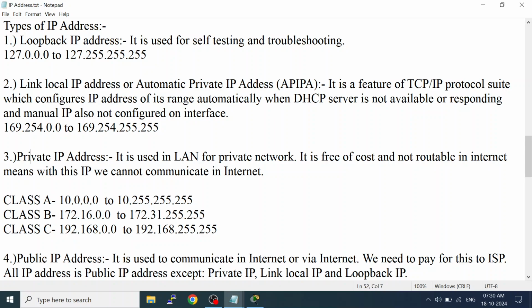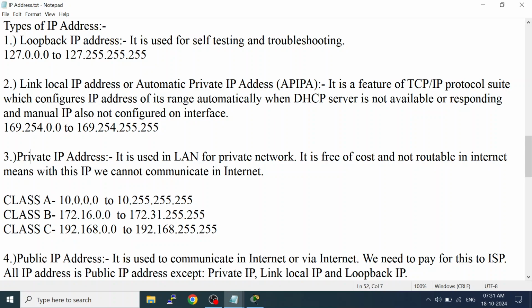Okay. So this private IP we can use, but the problem is using this private IP we cannot communicate on the internet. Using this IP, if we connect to the internet, what will be the problem? The problem will be you are also using the same IP, I am also using the same IP. If we both connect to the internet and send packets through the same IP, then it will conflict.